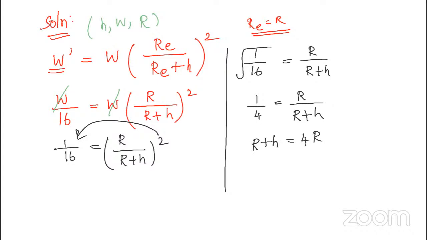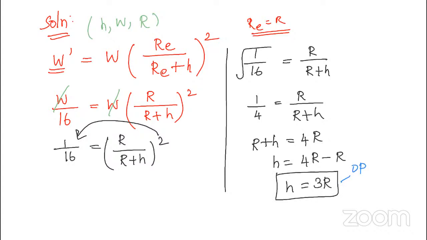Then H is equal to 4R minus R. So H is equal to 3R. So this is option C.